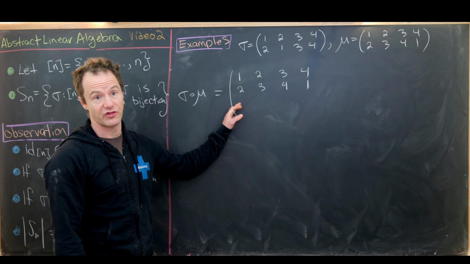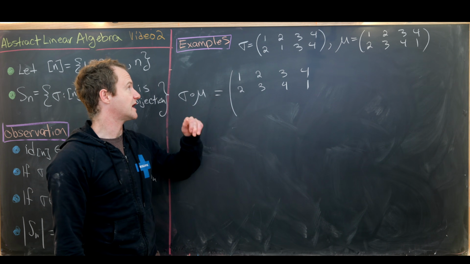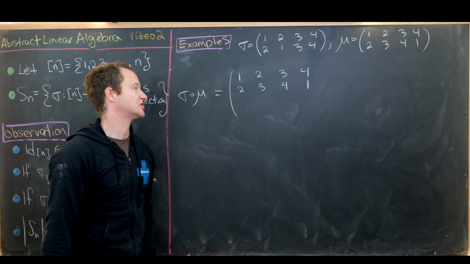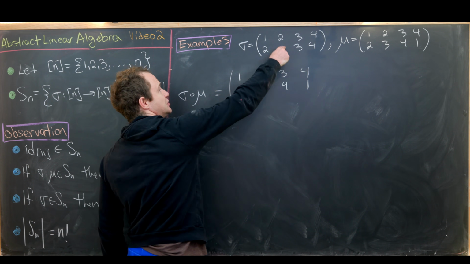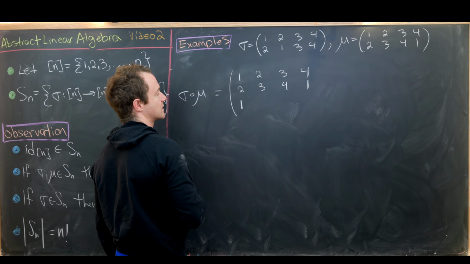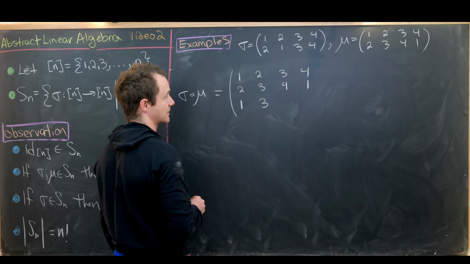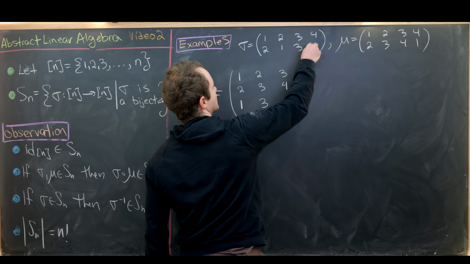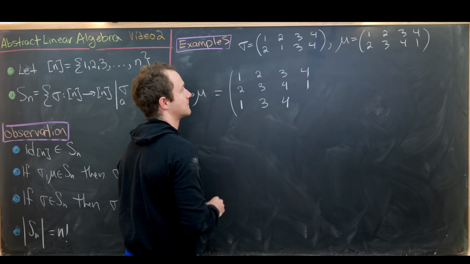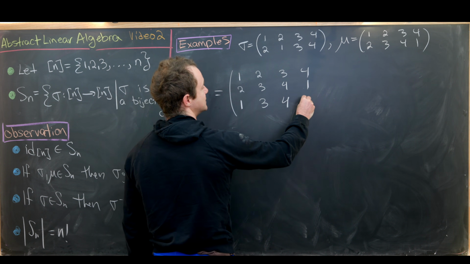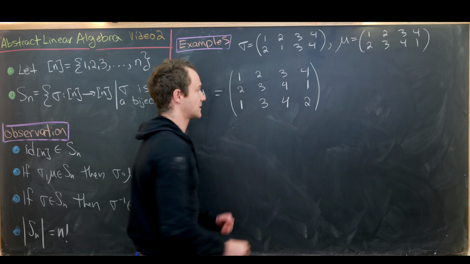And then in the third row, we can exhibit the action of sigma. So we know that 2 is sent to 1, so we'd put a 1 here. We know 3 is sent to itself, we could put a 3 here. We know 4 is sent to itself, we put a 4 here. And then we know 1 is sent to 2, so we'd put a 2 here.